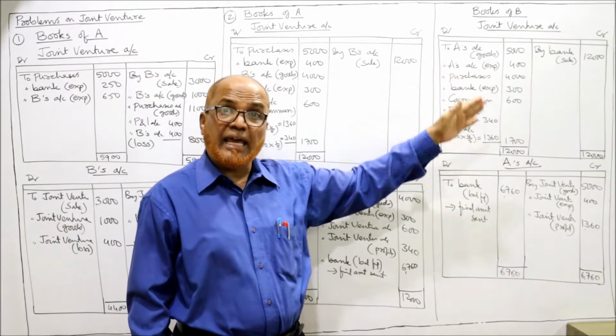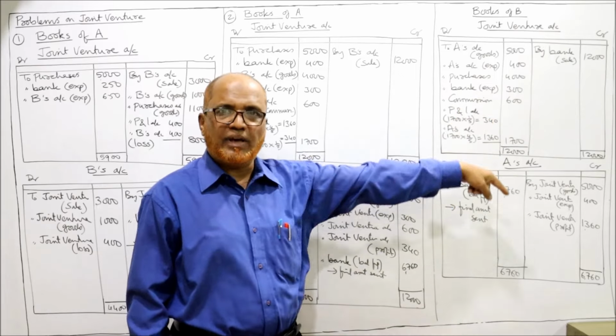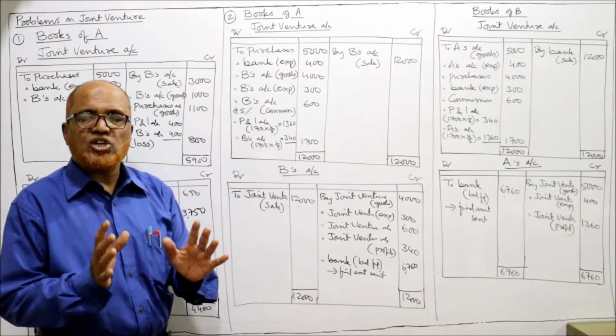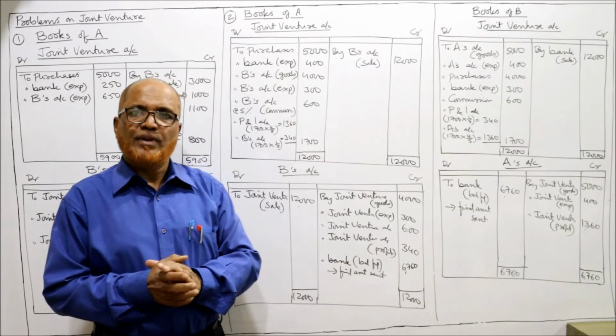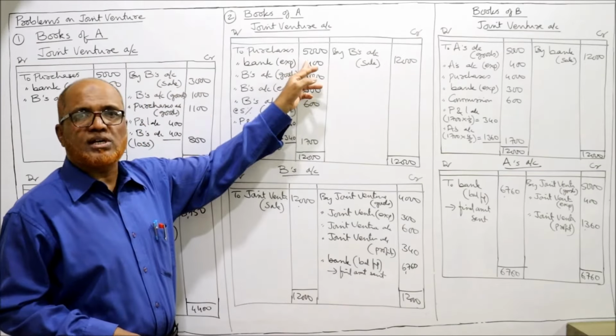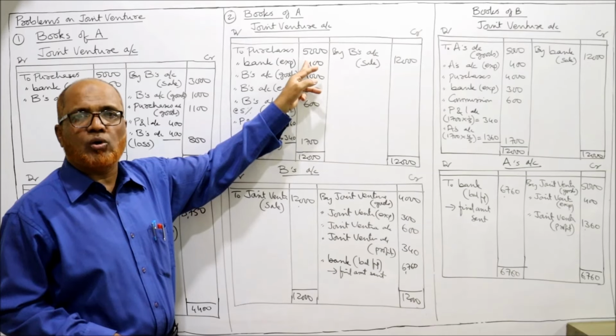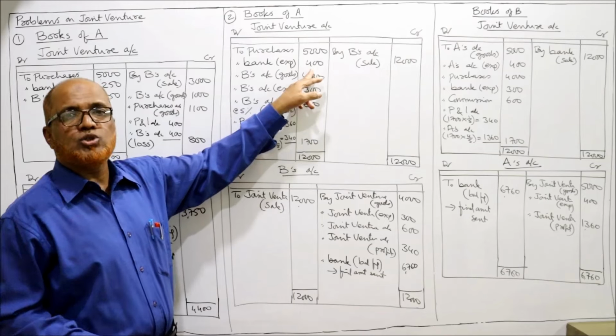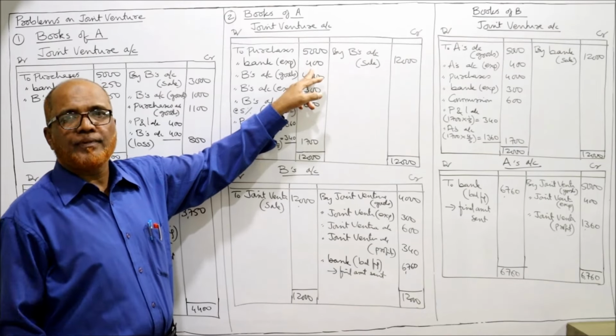joint venture account and A's account. In B's books, A's account; in A's books, B's account, right? And the joint venture entries, you have to remember the entries. First, 5,000 rupees worth of goods are supplied by A, joint venture account debit to purchasers. Expenses paid by A, joint venture account debit to bank.